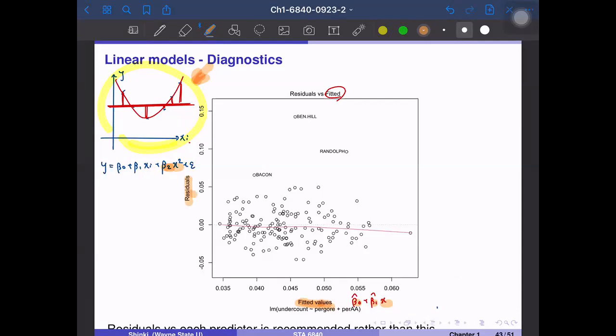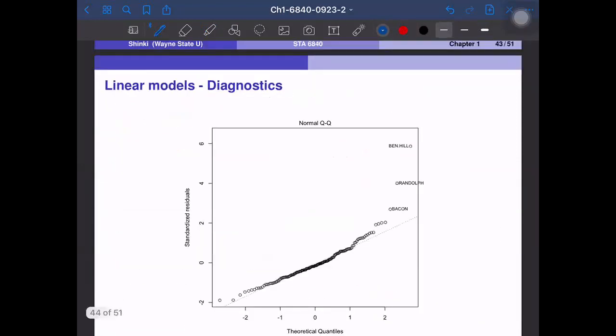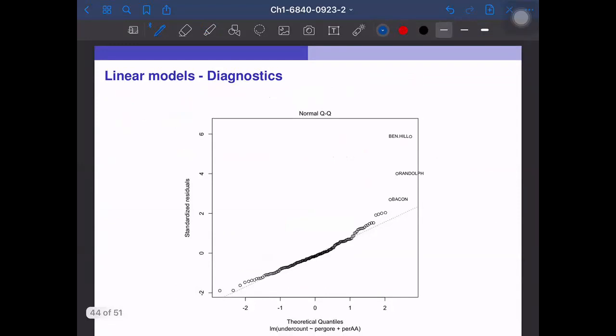So the best way to see what's happening is to make this plot of Y versus Xi, or the residual, epsilon hat, versus Xi for each Xi. Okay, so the second diagnostic plot is the normal QQ plot.